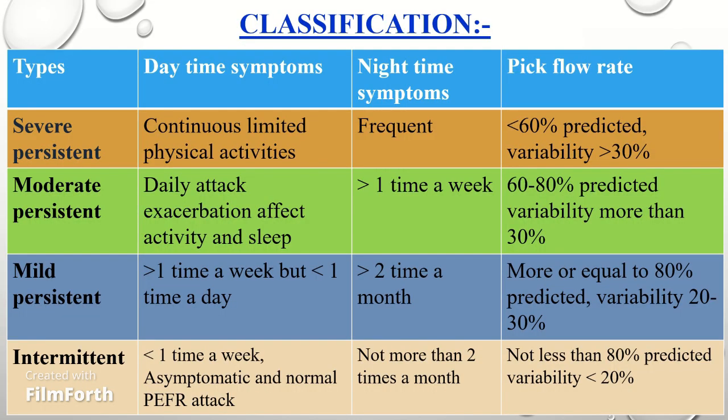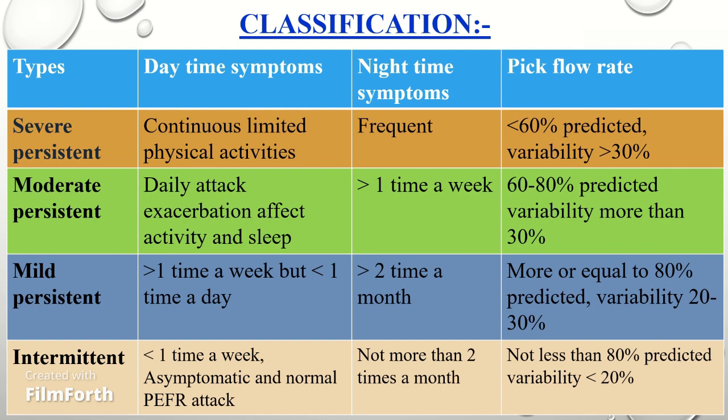Now, the next slide is about classification of asthma. Bronchial asthma is classified into 4 categories: severe persistent, moderate persistent, mild persistent, and intermediate persistent. It is classified according to the symptoms seen at daytime and night time, as well as peak flow rate.